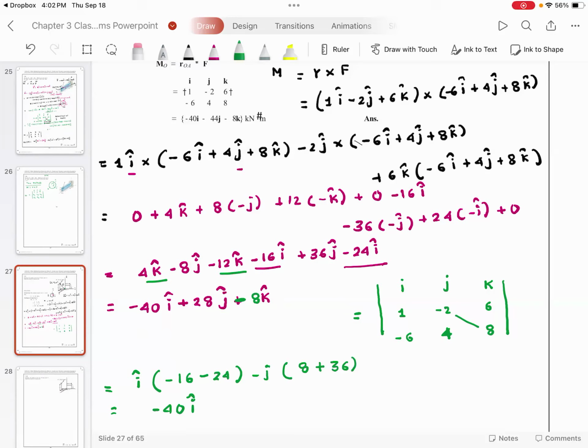Oh, 8. And did I make a mistake somewhere? And plus k is 4 minus 12. So this is minus 8k.